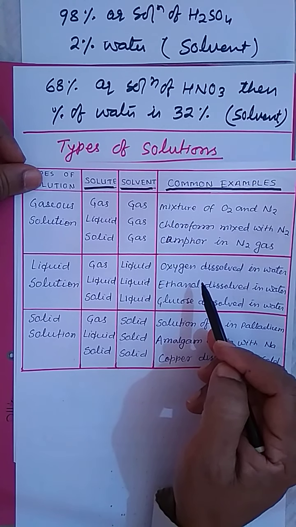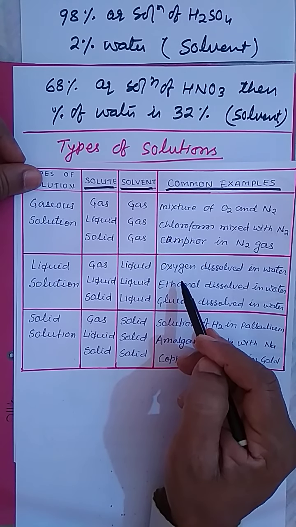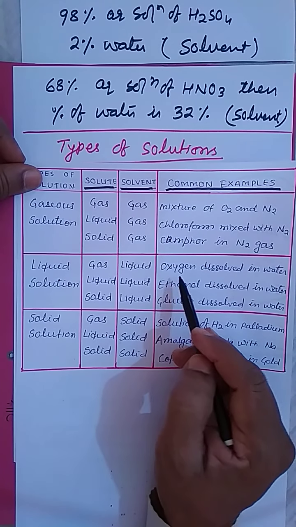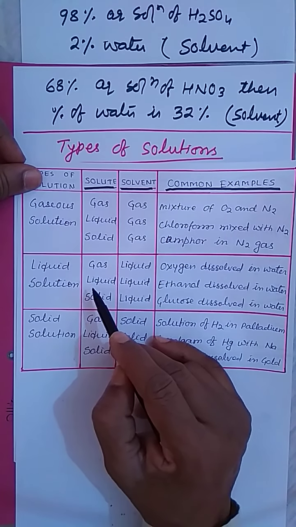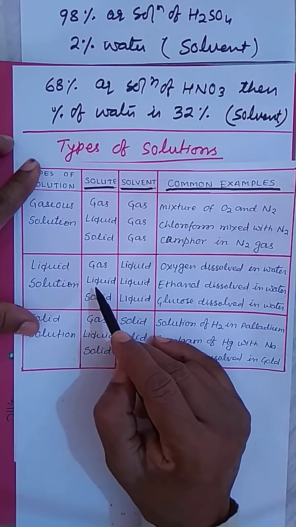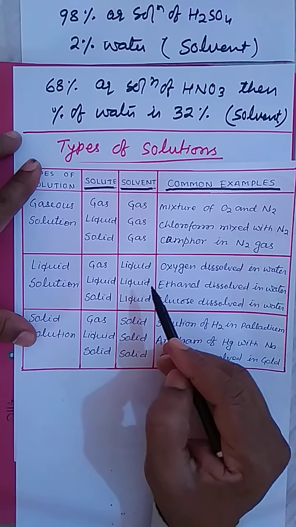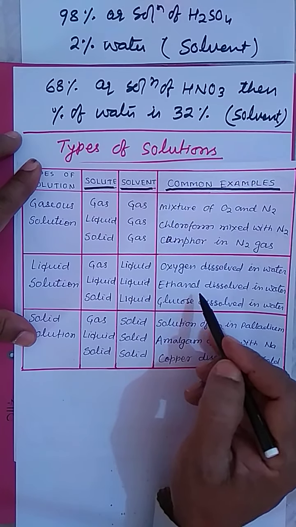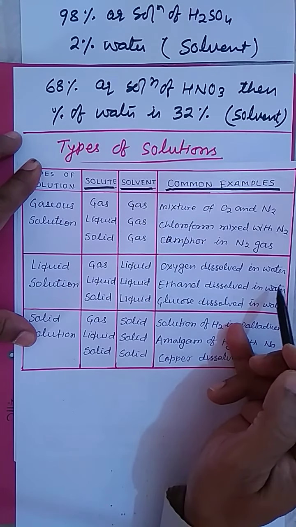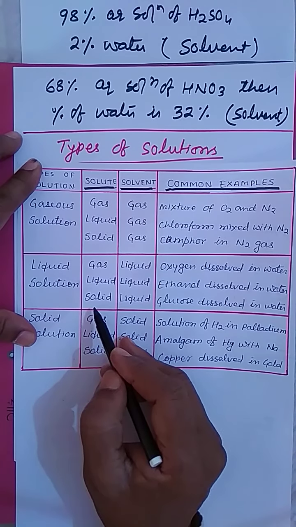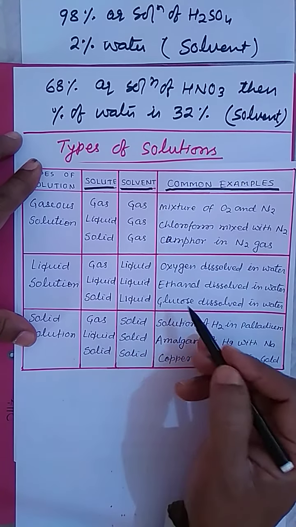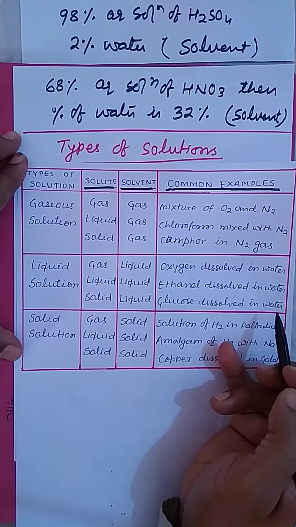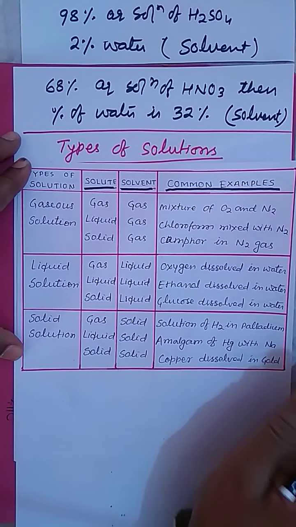Oxygen is present in water so that aquatic animals are alive. Now liquid dissolved in liquid. So you can say ethanol dissolved in water. And solid dissolved in liquid, glucose or sugar dissolved in water. You always see it in your home.